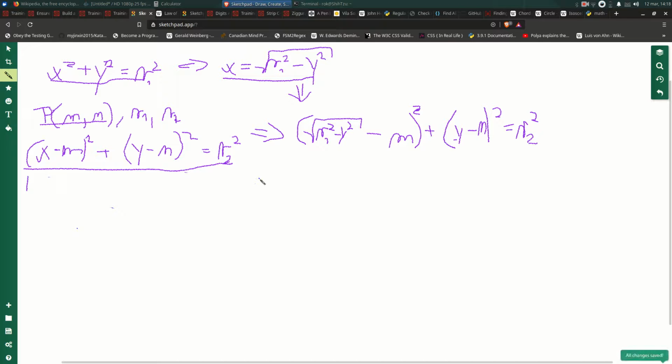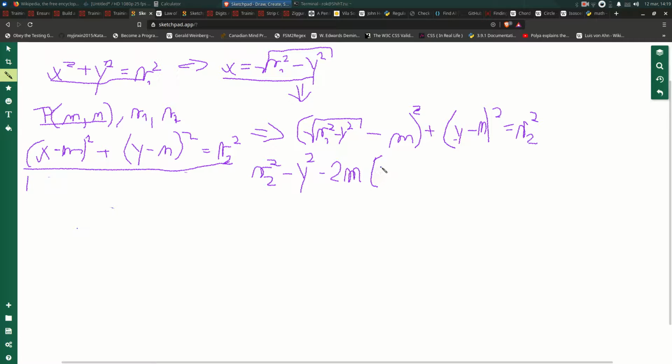Yeah, and the main thing that happens is that we have to express y. Alright. So we have r2 squared minus y squared. This is gonna get nasty. Minus 2m, minus 2m.